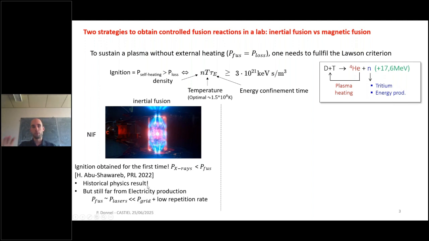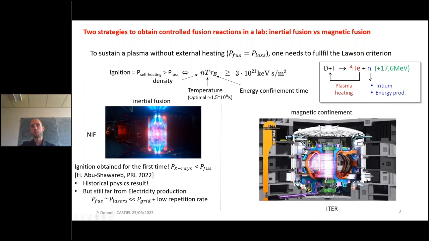And with the current technology, we are still two orders of magnitude lower than the grid energy that has been used to generate the lasers. And another drawback of this technology is the repetition rate. I think right now they managed to get to one shot per day, and to have a reasonable electricity production, it should be 10 Hertz. So again, orders of magnitude too slow.